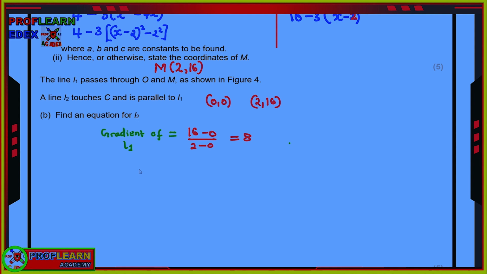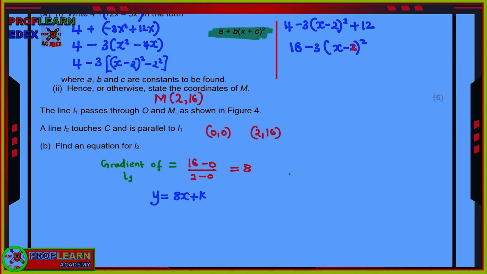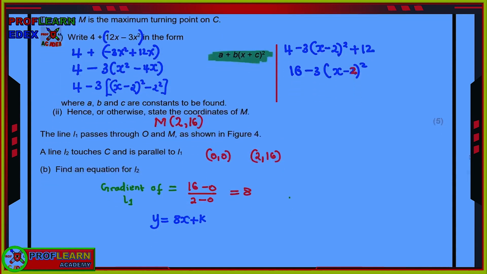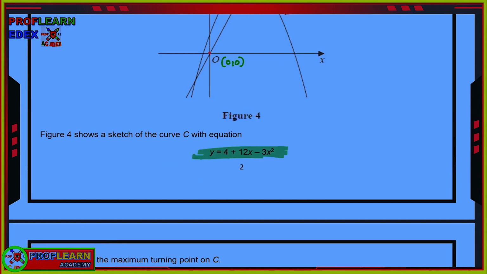So we can say this is y equals mx plus c, but we can now use k as a constant, which we don't know. And also we are told that it touches C. If it touches C, it means it's a tangent to C. So we can equate this equation, y equals 8x plus k, to the quadratic equation so that we can solve them simultaneously.